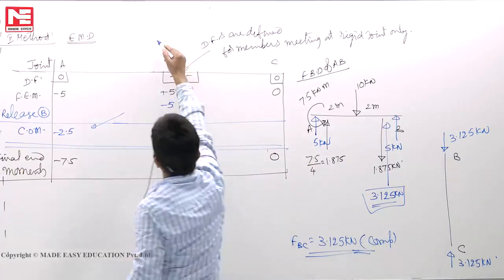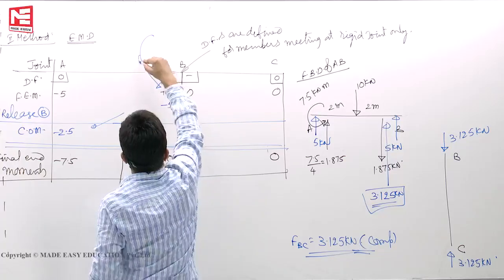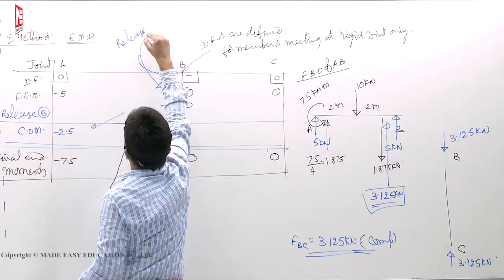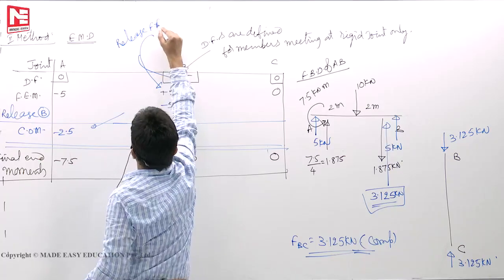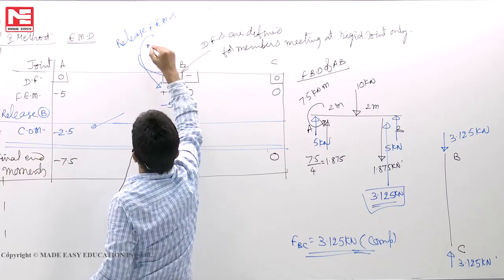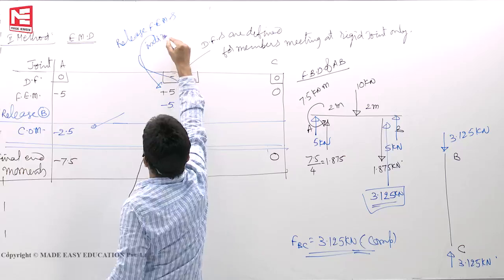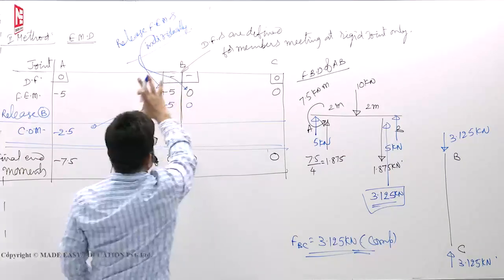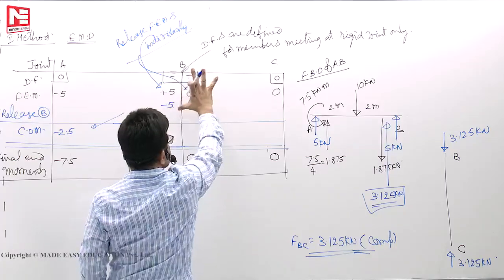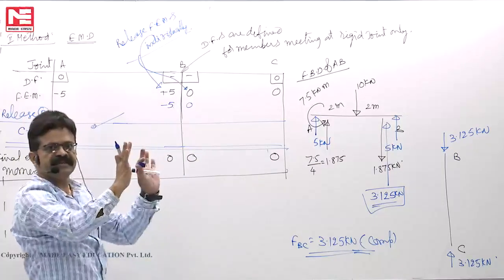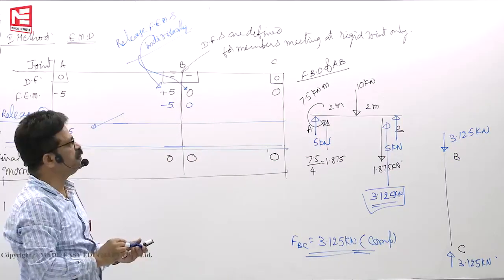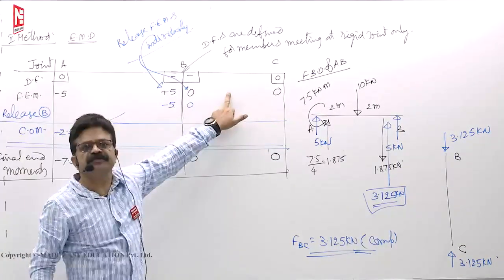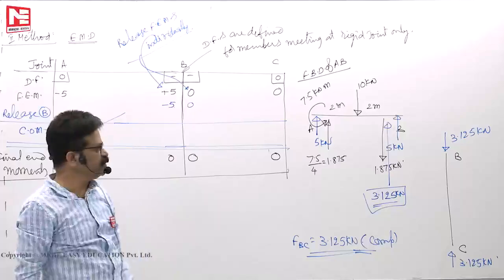Here you have to release the fixed end moments individually. First fix, then release. Individually release means, let us see one more problem where load is also on this span. Then you will get more clarity.